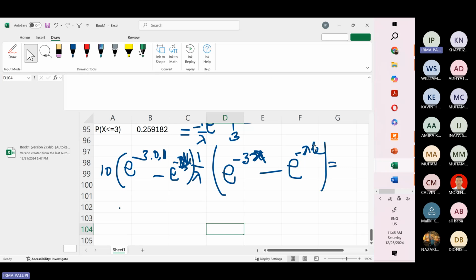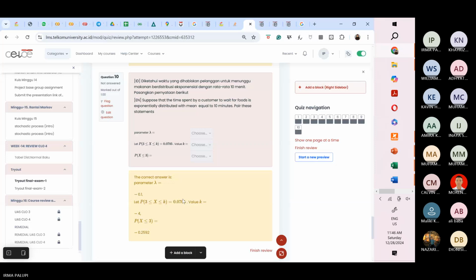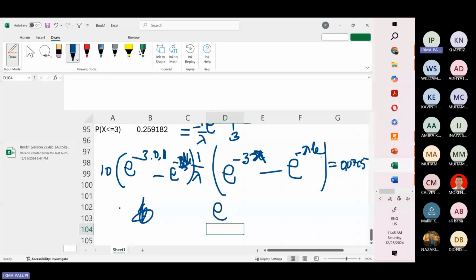We want to find what k is here, right? So in this case, k, okay. I thought something else. So we have this is 10, right? This is 1, right? Okay, so we want to express this part explicitly, 0.1 k equals to, okay, this is supposed to be minus, and we have 0.0705, right?